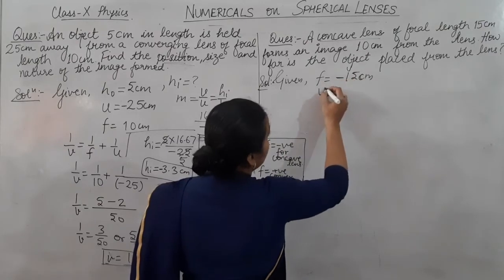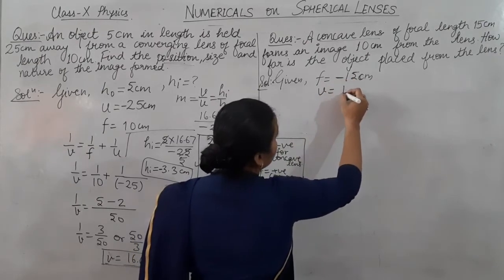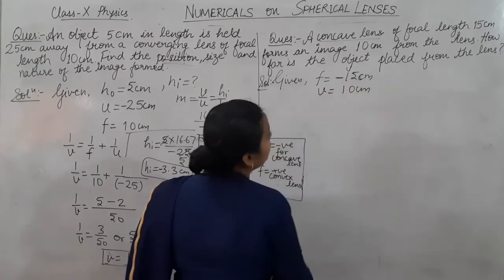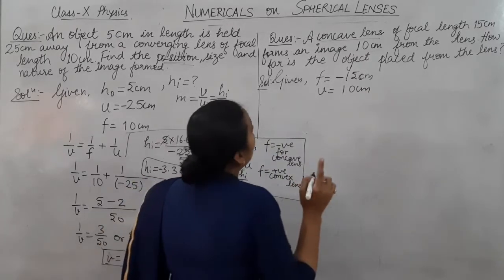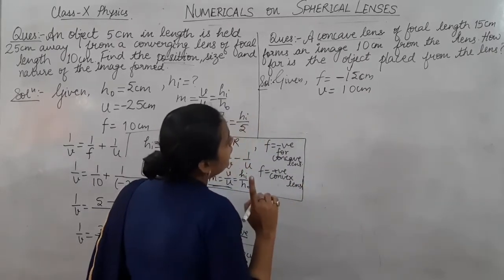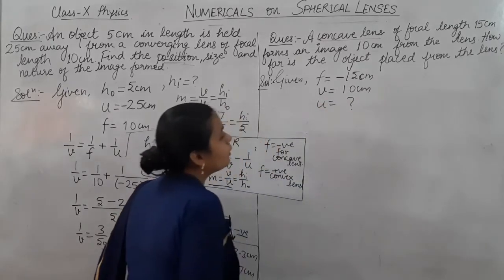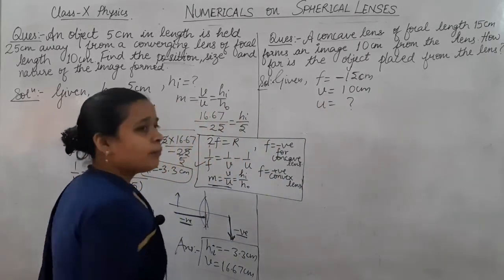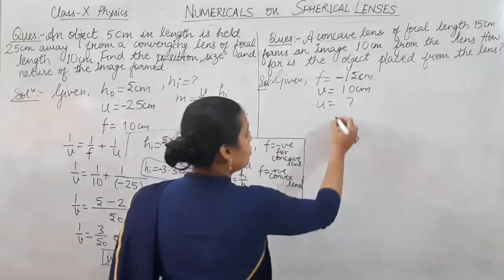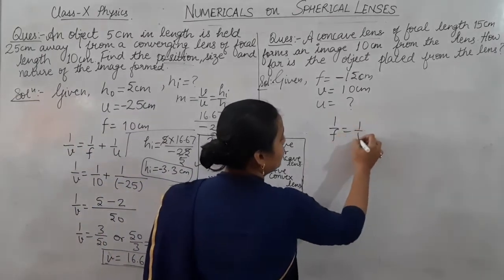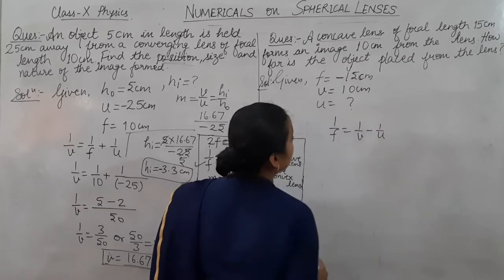Means image distance is given to you, that is 10 centimeter from the lens. How far is the object placed from the lens? Object distance you are asked to find out. Again, using the same lens formula, 1 upon f is equal to 1 upon v minus 1 upon u.